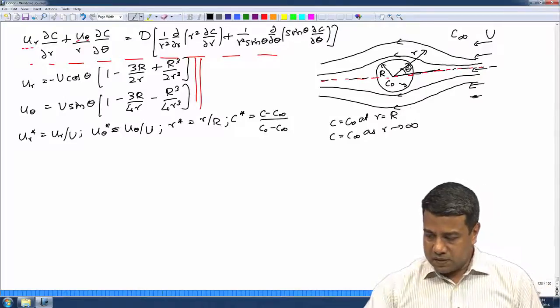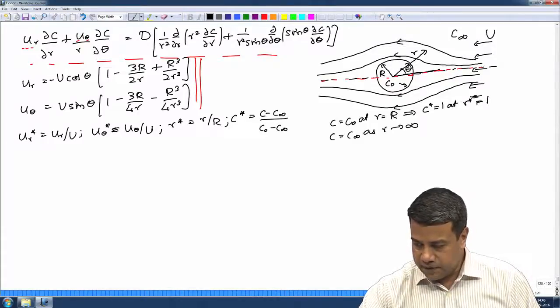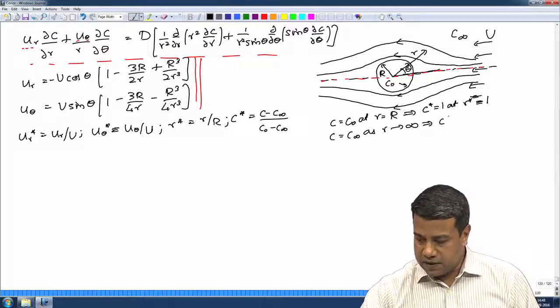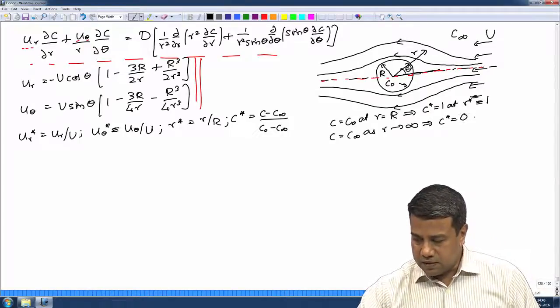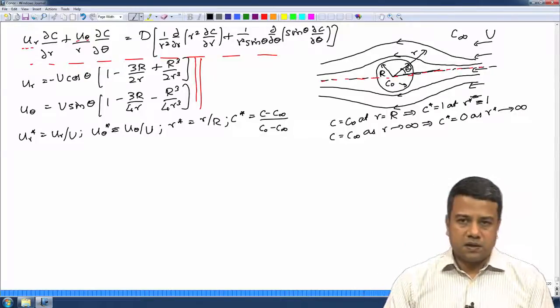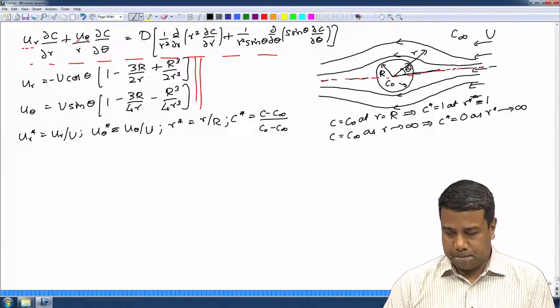So, at r is equal to R, c star is equal to 1 at r star equals 1. At the surface of the particle, c star is 1, and far away c star is equal to 0 as r star goes to infinity. Those are the boundary conditions that we have to satisfy in this problem.